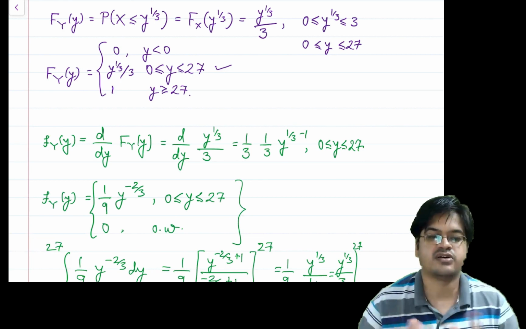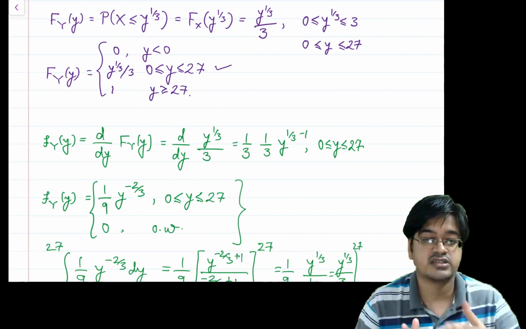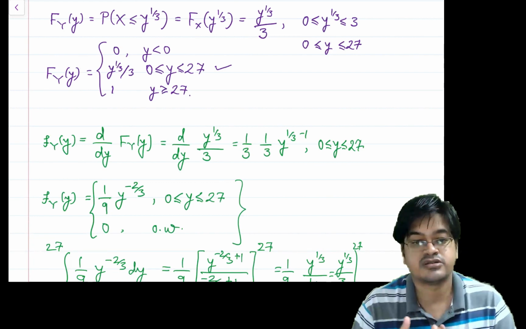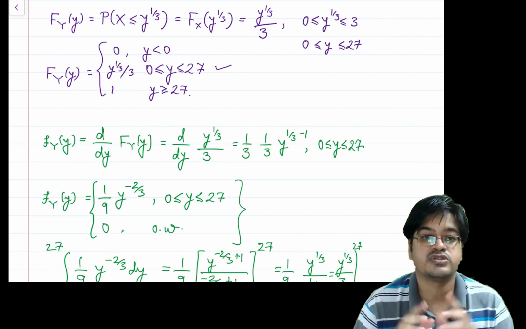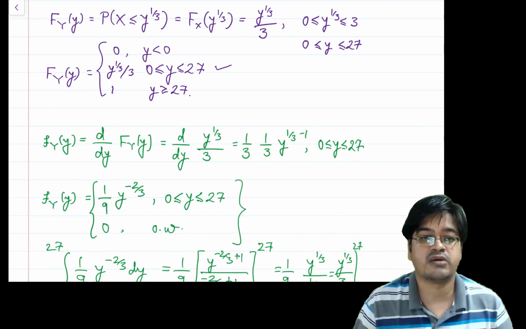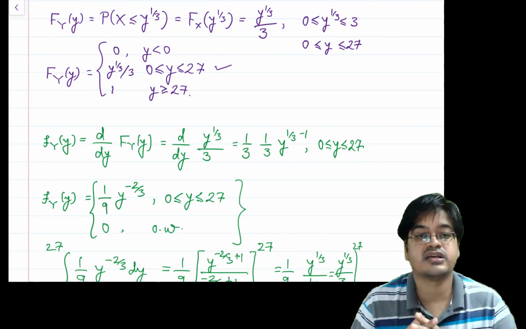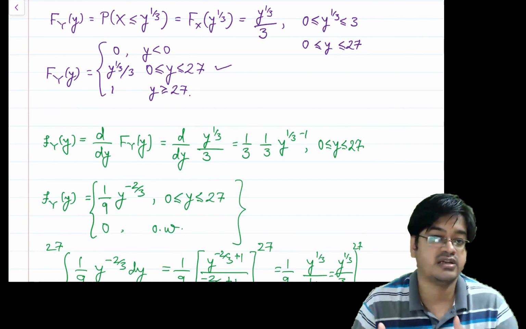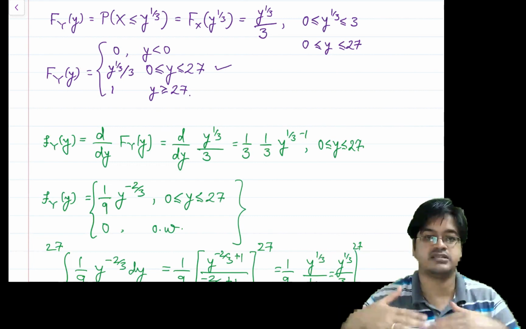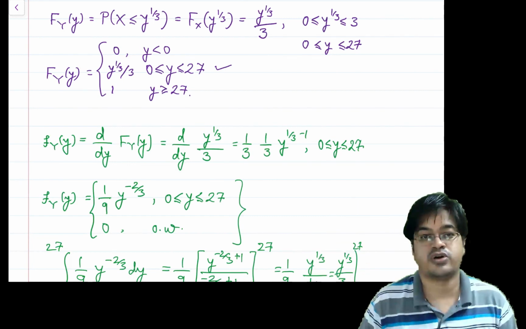So we have matched the answer, and therefore we have one more approach: whenever the random variables are continuous, you can actually talk in terms of densities. But remember, the condition is the function g should be monotone. So where the function is not monotone, suppose X is taking values which are negative and positive, and you are talking about Y equal to X square, then you can think about how you will find the values, because Y equal to X square has this parabola shape where it is not monotone.